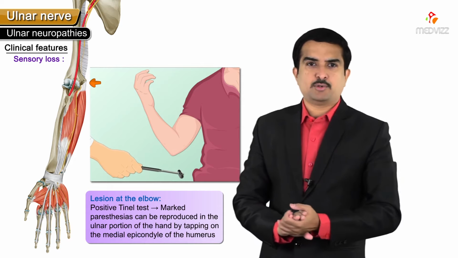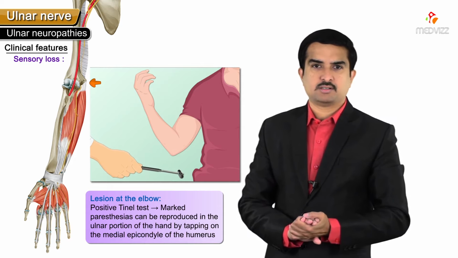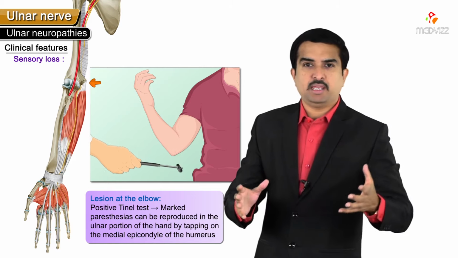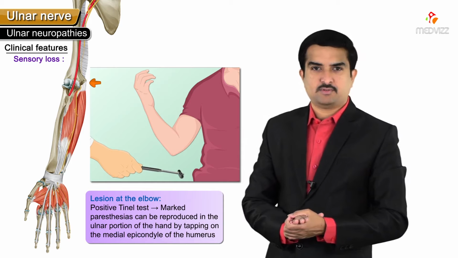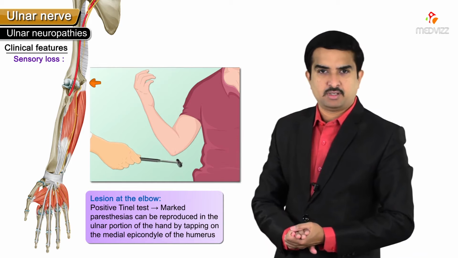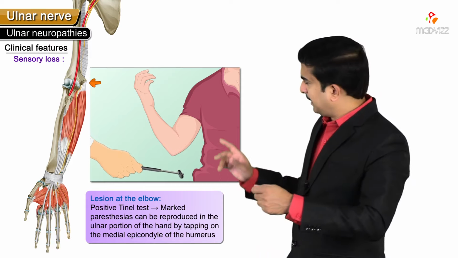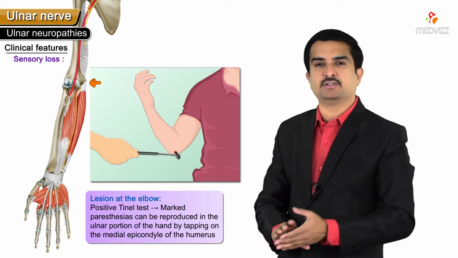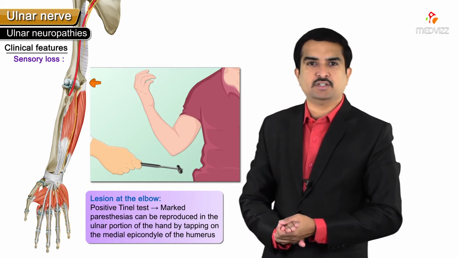So whenever we talk about the Tinel test, there will be marked paresthesias which can be reproduced in the ulnar portion of the hand by tapping on the medial epicondyle of the humerus. This is called the Tinel test, which is positive whenever there is injury of the nerve at the elbow.